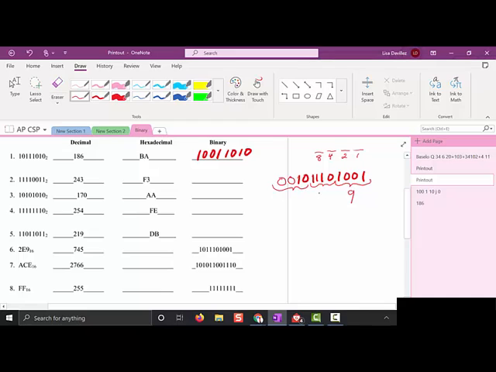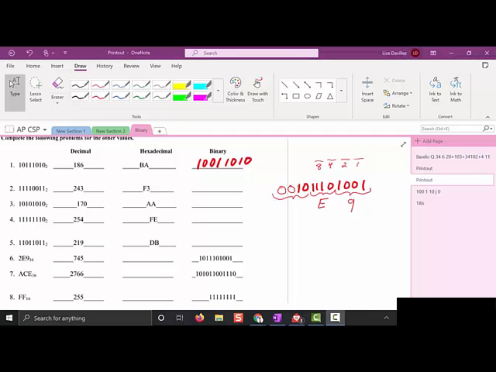And 14 was E. And then this one would be 2. So 2E9 would be our base 16. And again, we can check it with the answer over there.